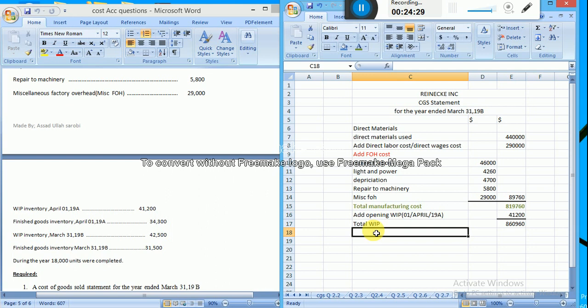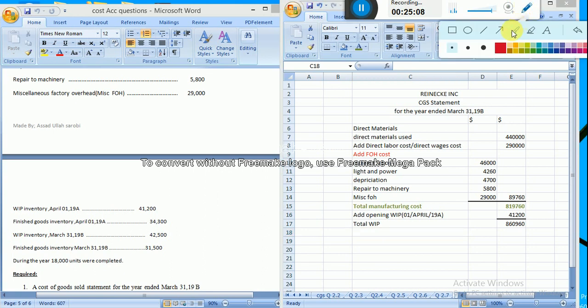Today is March 31st, 19B. It means our 19B financial year will be finished today, and then from the 1st of April 19C will start. So in 19B some work in process remains, which is not converted to finished goods, and that will be converted to finished goods in 19C.